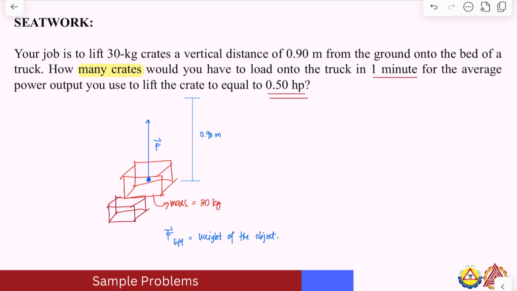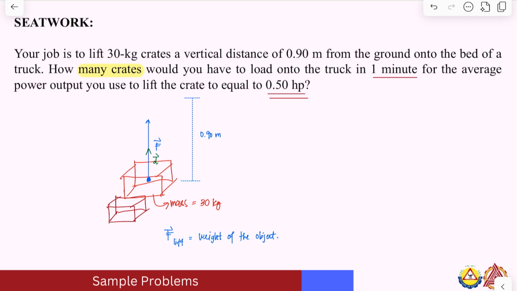And of course, in lifting this object, that means you have to apply a force upward. Also, the displacement would move upward. And in doing this, you're doing work. The problem is giving you this should be your power, this should be your time. So basically, everything is laid out for you. It's just that you have to piece the pieces together. Okay? So I'm not saying that you have to submit this one, but it would really help if you will try to practice on this problem.